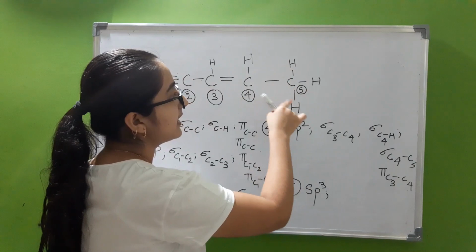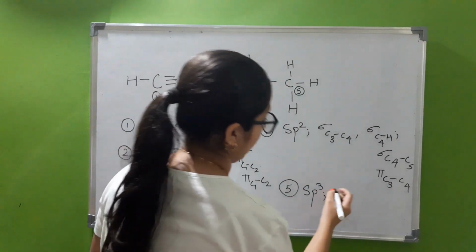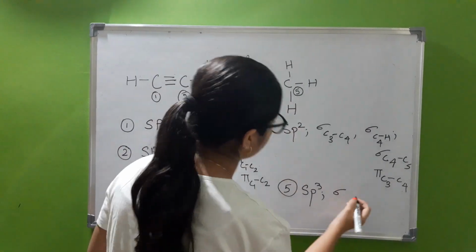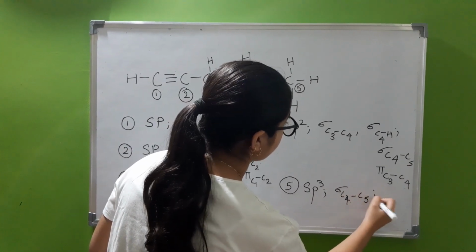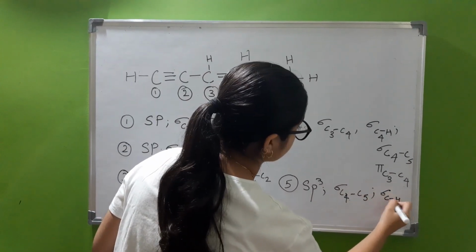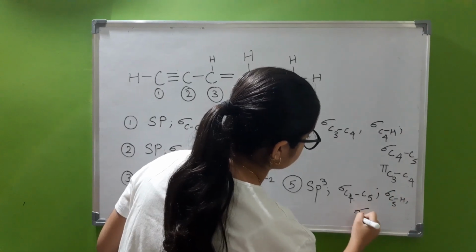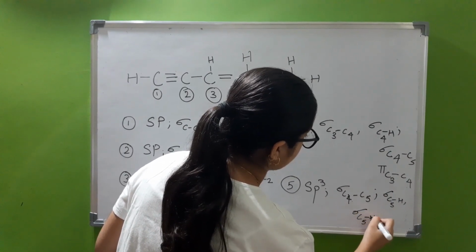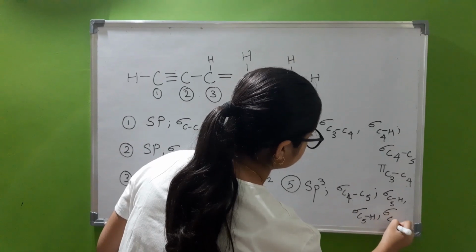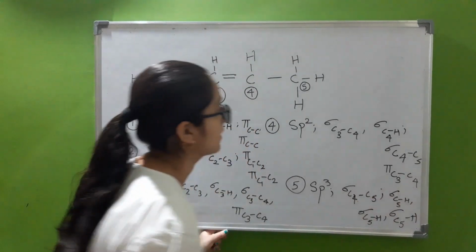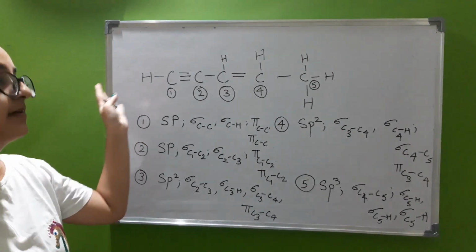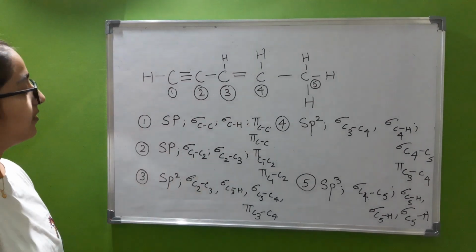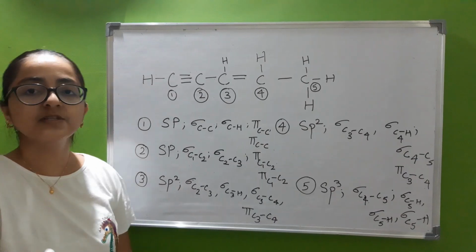So it only has 4 sigma bonds attached to it: sigma with C4 and C5, sigma CH, sigma CH. This is how we find out the hybridization of the carbon atoms in a given unknown chain, and also the number of sigma and pi bonds present in it.